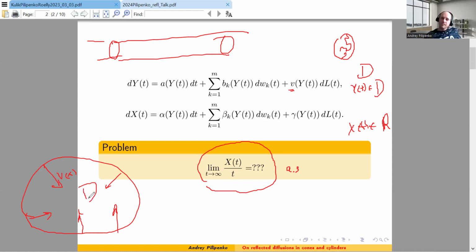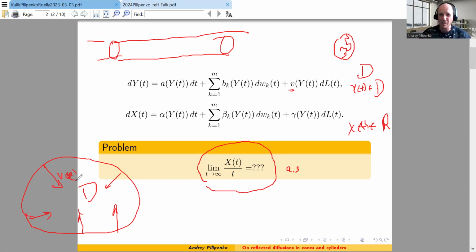So maybe it has some invariant distribution? Yes, sure. And then this is a law of large numbers for X? For W, yes. This is the law of large numbers. Yes, exactly. Interesting.